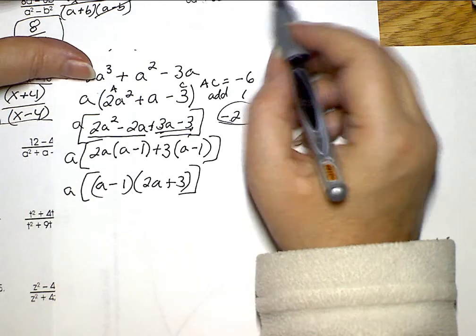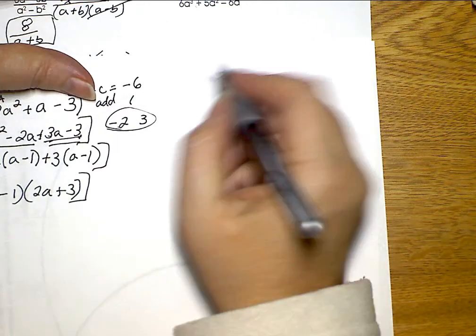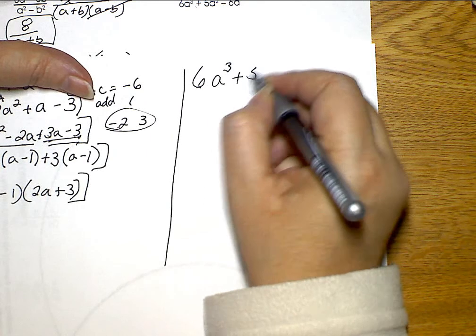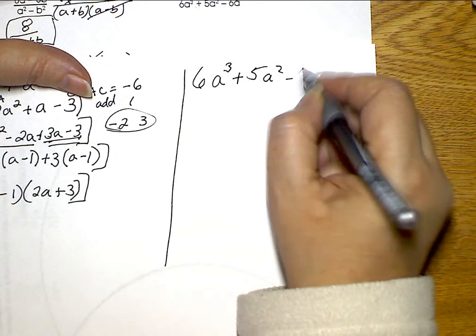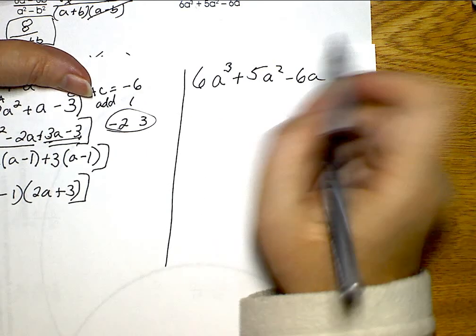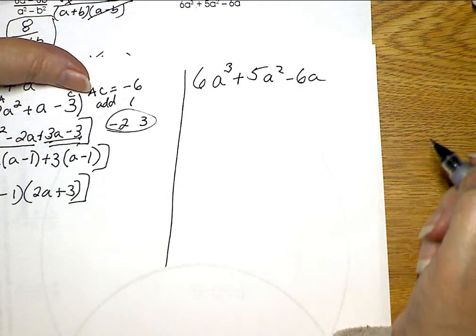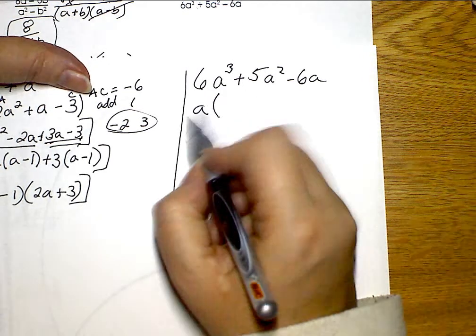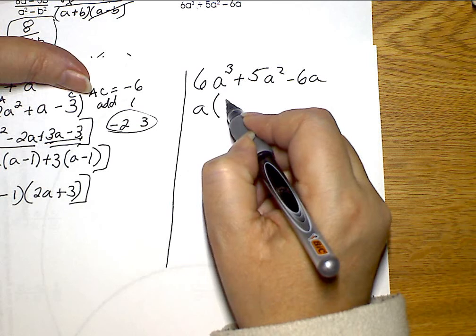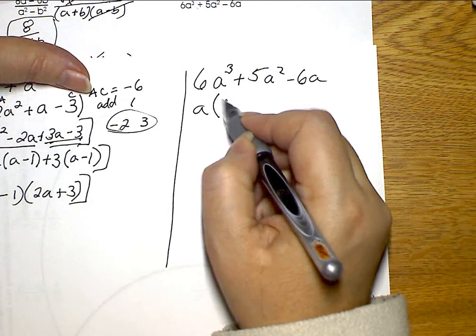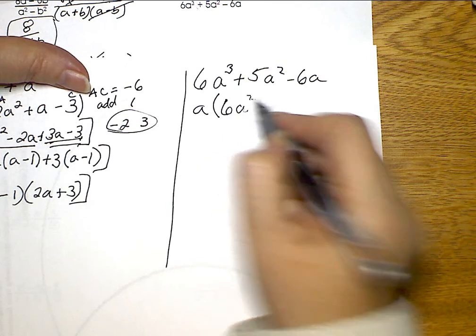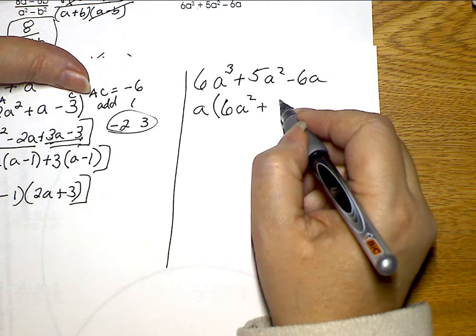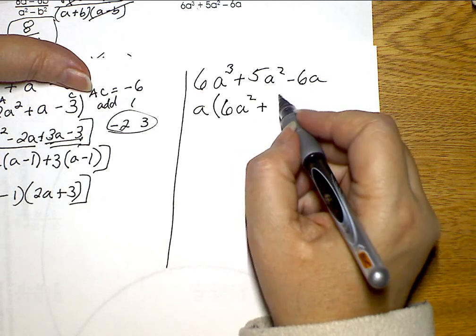All right, so we have 6a cubed plus 5a squared minus 6a. What do they all have in common? An a. What's left? 6a squared. A times what gives me 5a squared? 5a.